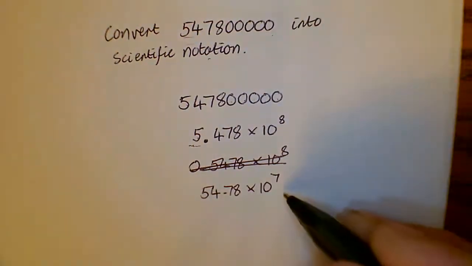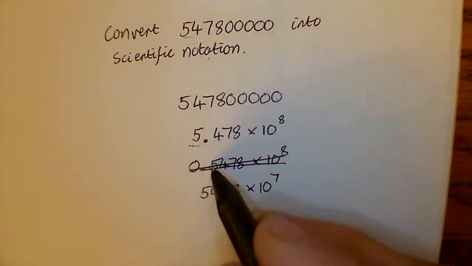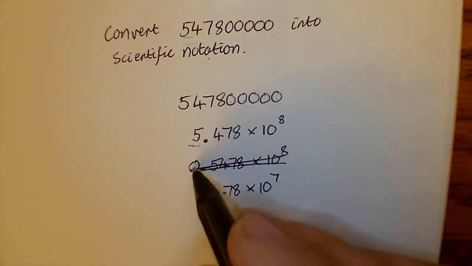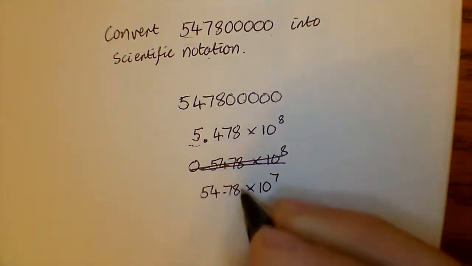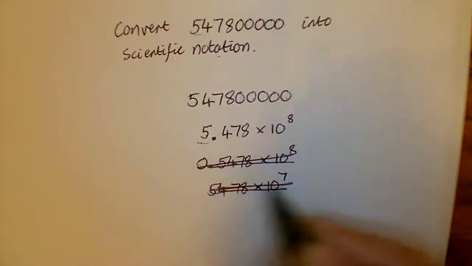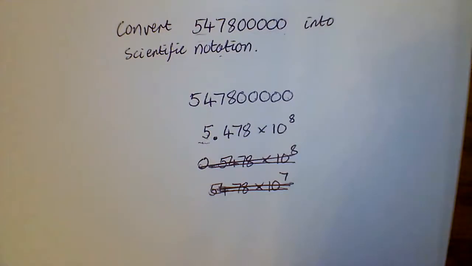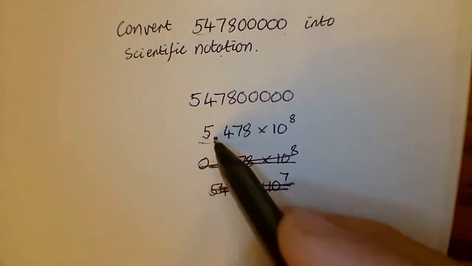That is not scientific notation. It's in front of a decimal point. This one, we didn't have a digit between 1 and 9. So that is also not scientific. Please don't write either of them. It must be exactly one digit, between 1 and 9, before the decimal point.